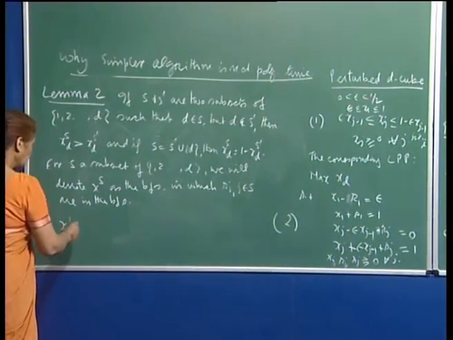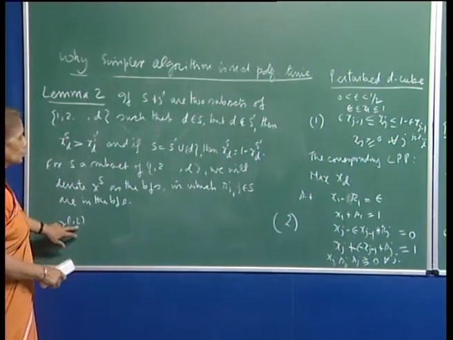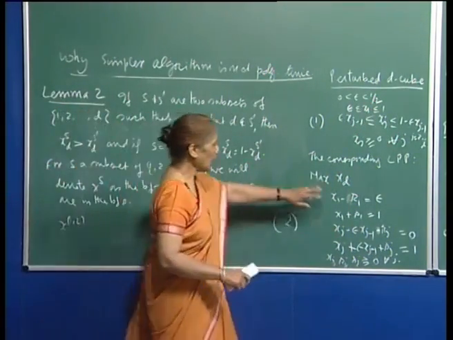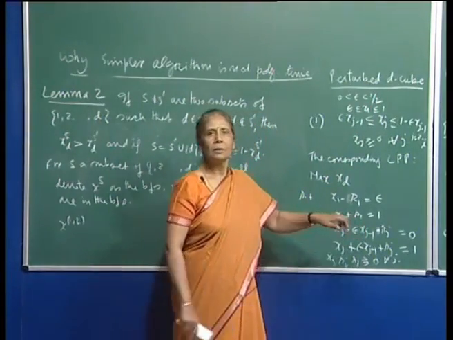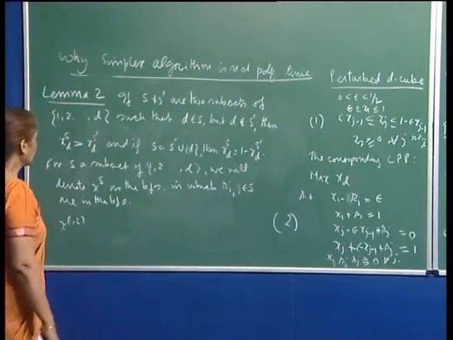Similarly, if you consider the set X2, then R1 and R2 are in the basic feasible solution, and then S3 onwards are in the basic feasible solution. So, this is the idea.